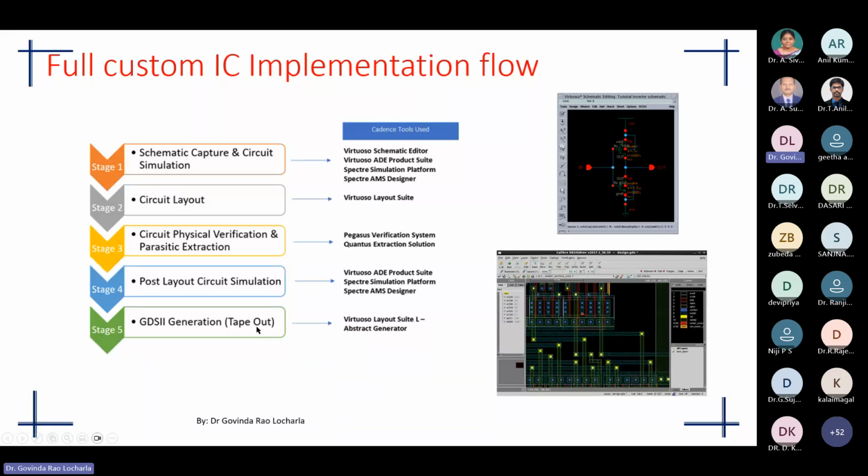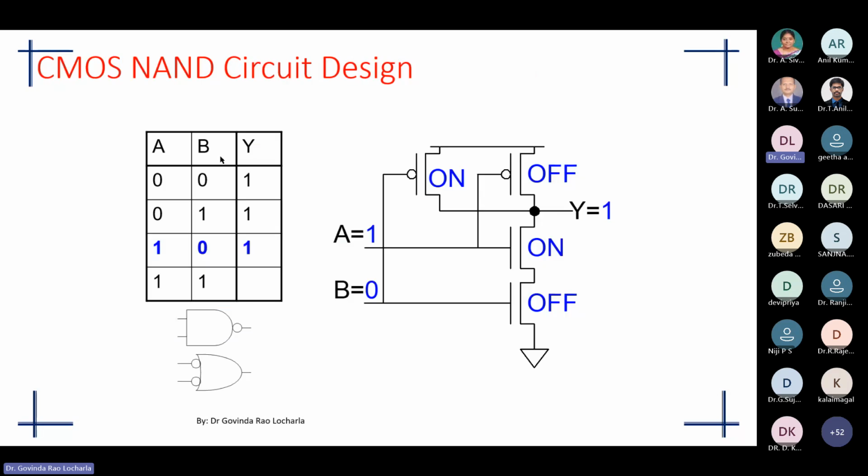Here the point you have to notice is that we are giving our design at transistor level. This is possible for small scale circuits at the design level. In the schematic capture phase, we are talking here about a 2-input NAND gate, the CMOS circuit.